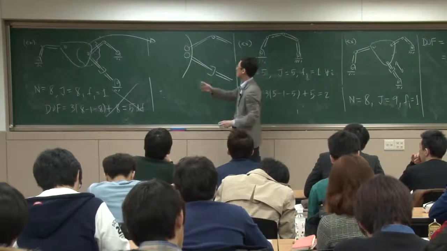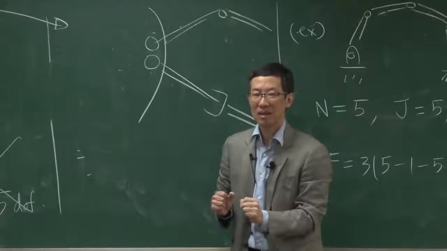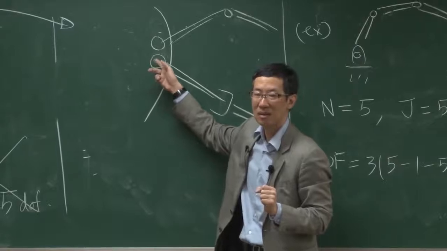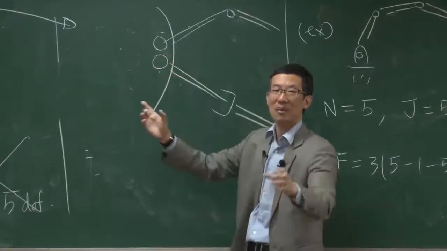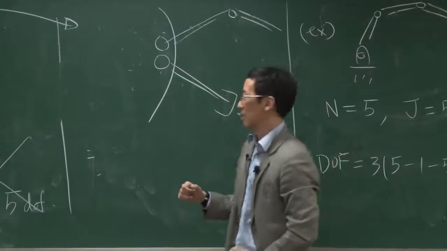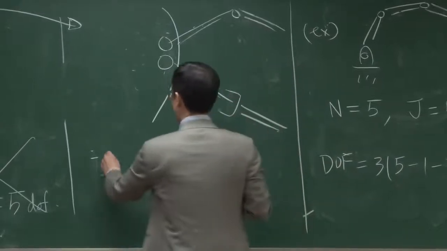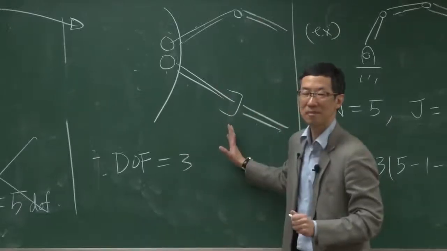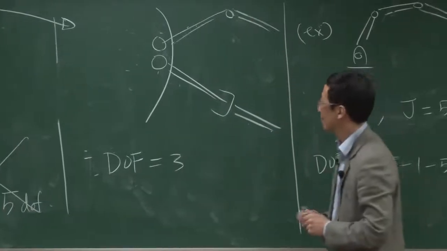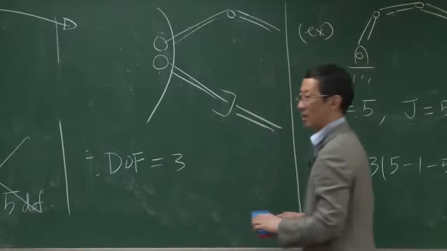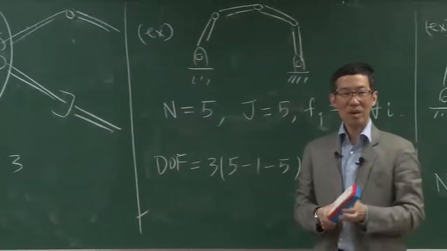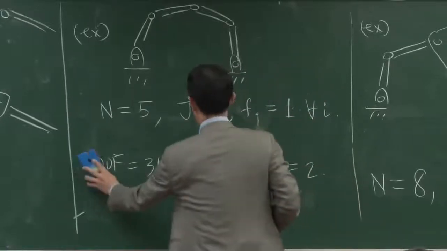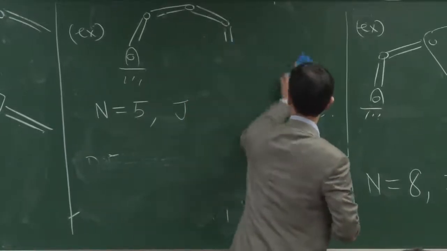These 2 joints happen to be overlapping, but you should think of these as 2 different joints. So in fact, the DOF is still 3. Looks like Grubler's formula is still okay, as long as we interpret the joints correctly.